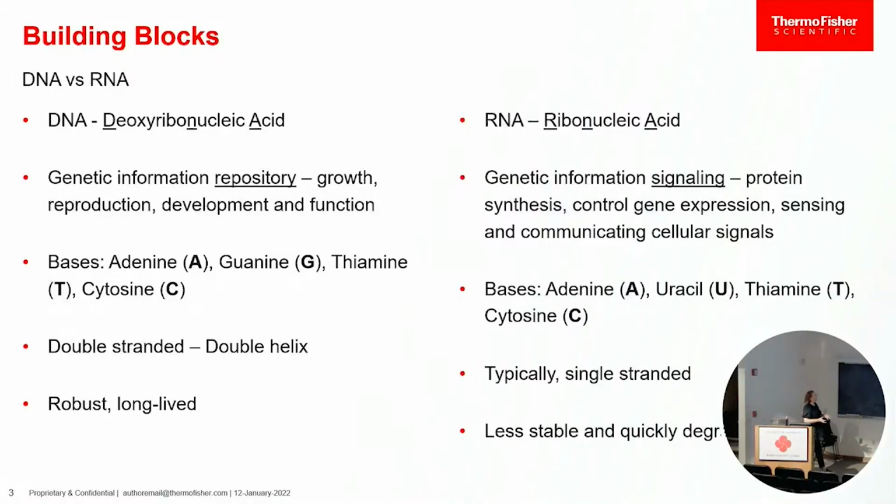Because it has a different molecular structure, we don't have the deoxyribose component, we have just the ribose component, so it is less stable. It's more prone to degradation, which is a difficult thing for us in the lab. We have to do a lot of techniques to make sure it doesn't degrade, that it stays of high quality, and that it stays the same amounts that we started with.